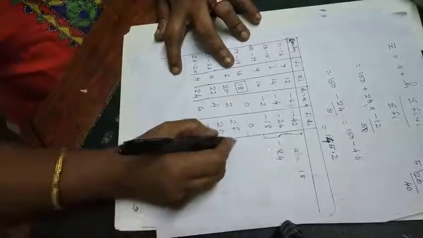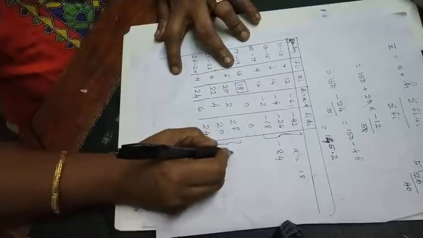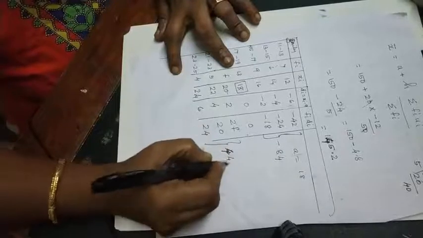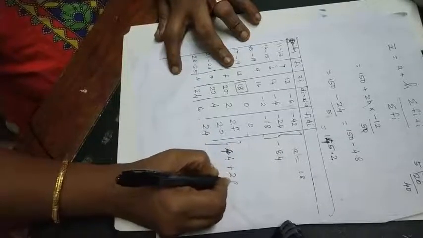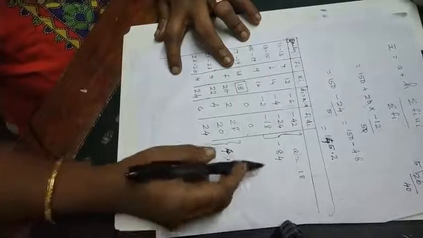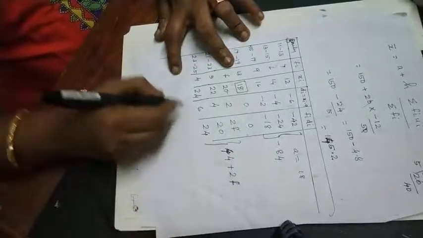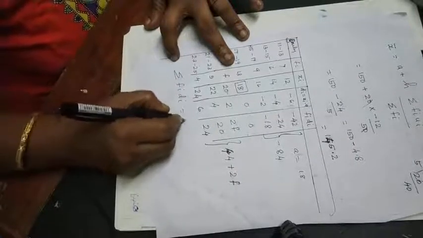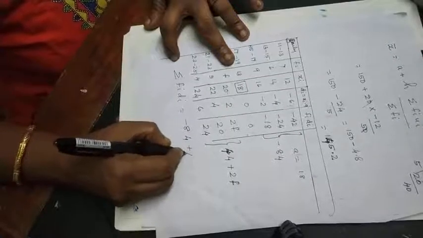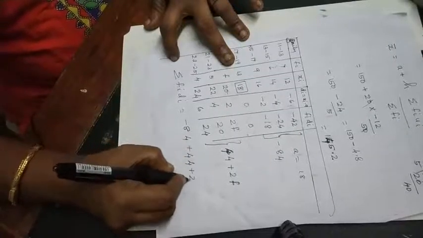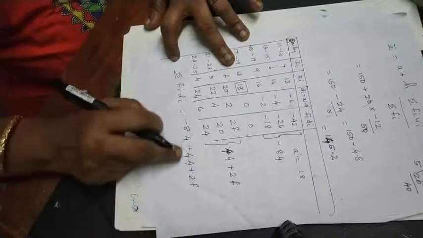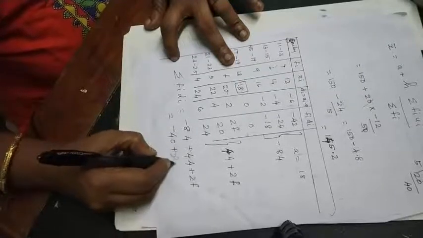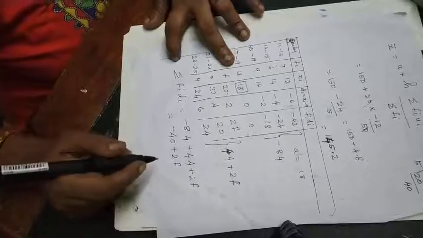Then here you will get 44 plus 2f. So what will be our sigma fi di? Sigma fi di will be negative 84 plus 44 plus 2f. Here one is negative, one is positive, so it will be negative 40 plus 2f, or 2f minus 40 you can write.